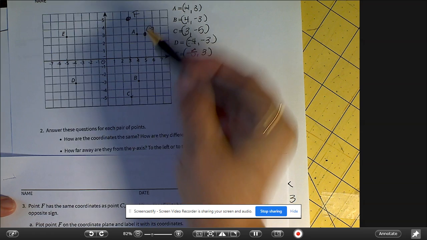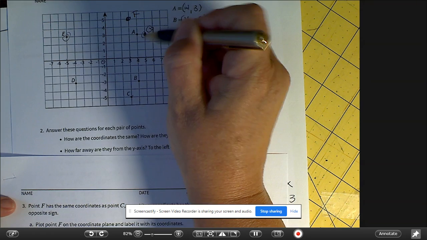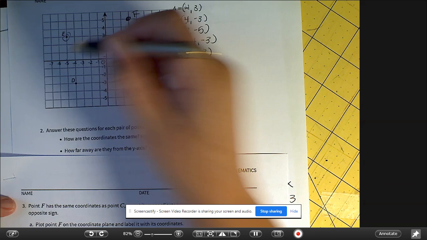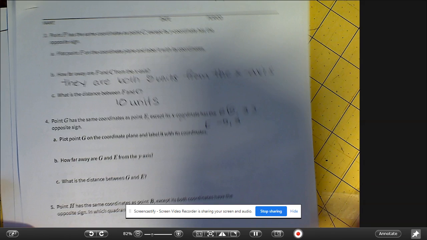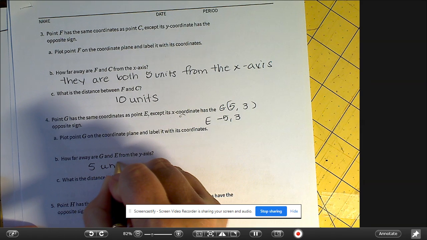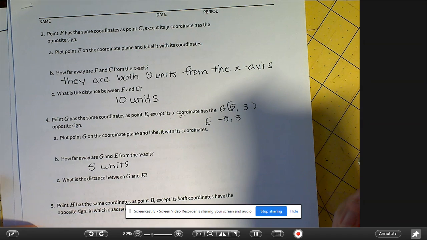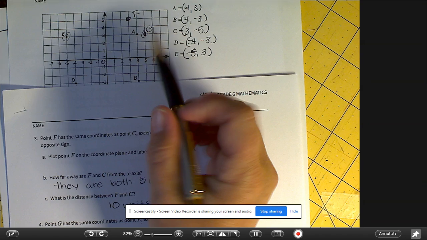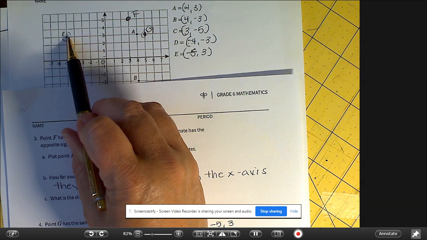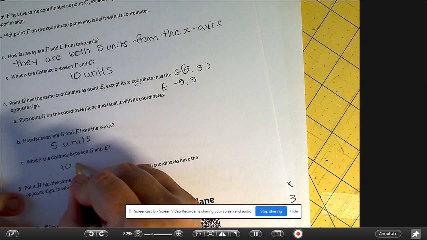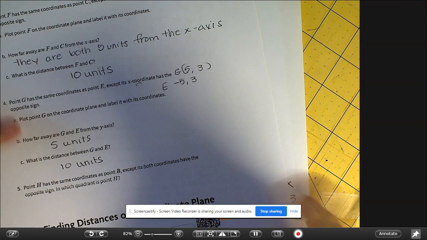They're both 5 units away. And what is the difference between G and E? You have 5 here and 5 here, so that's 10 units.